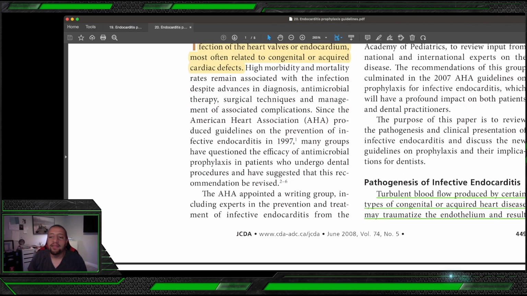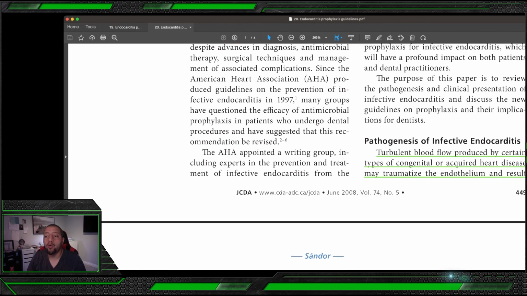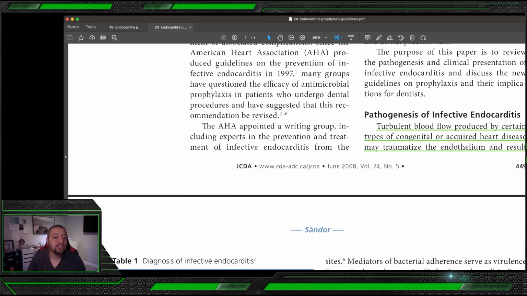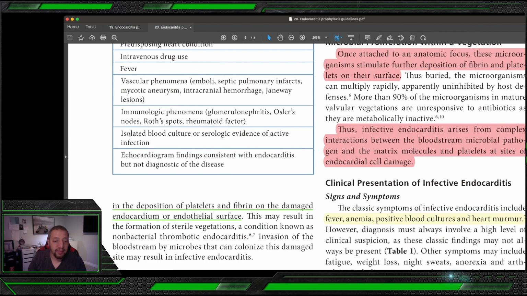Then the article speaks in medical terms about the pathogenesis of infective endocarditis: turbulent blood flow produced by a certain type of congenital or acquired heart disease may traumatize the endothelium and result in the deposition of platelet and fibrin on the damaged endothelial surface.